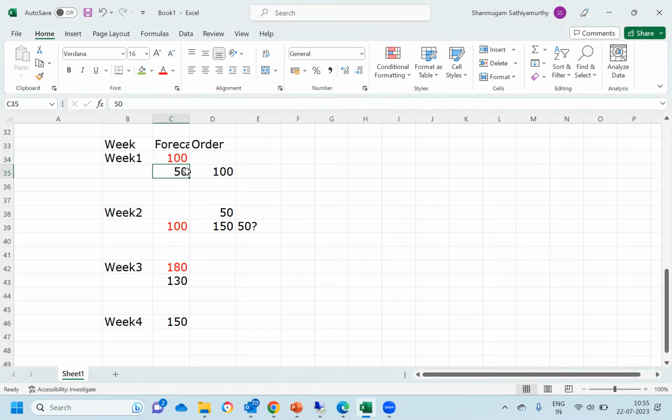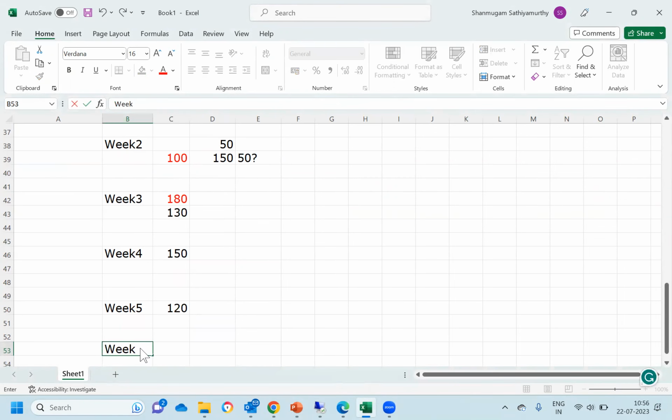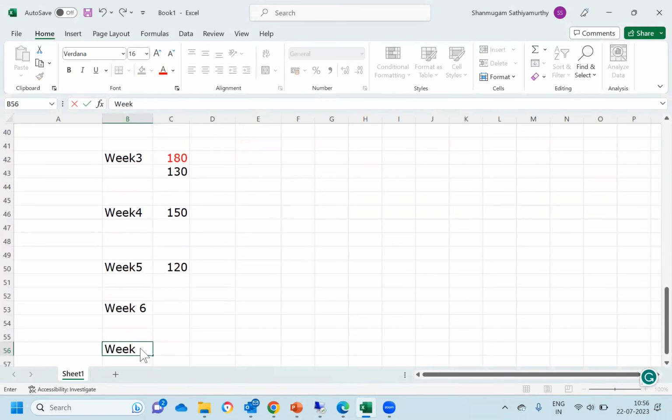The remaining 50 is there, and then you keep moving. So what is happening? The 50 will remain the same there. We should not keep it, because this will always be taken as a demand by the system when MRP is running. Right? MRP is running. Then it will give additional requirements which are not required at all, because once the period is moving, you will keep going: week 6, week 7, like this.